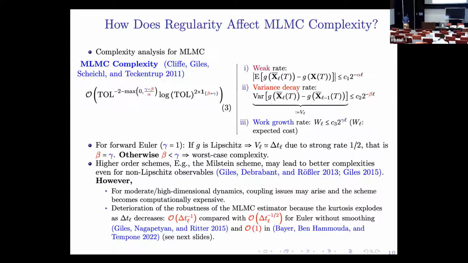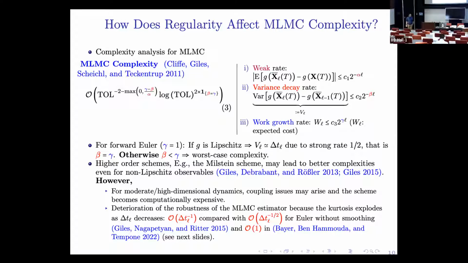I should note that you can use high order schemes like Milstein schemes, but this comes with penalties. First, for moderate or high dimension, you can face coupling issues and also high computational cost due to the additional terms of the Milstein scheme compared to the Euler-Maruyama scheme.